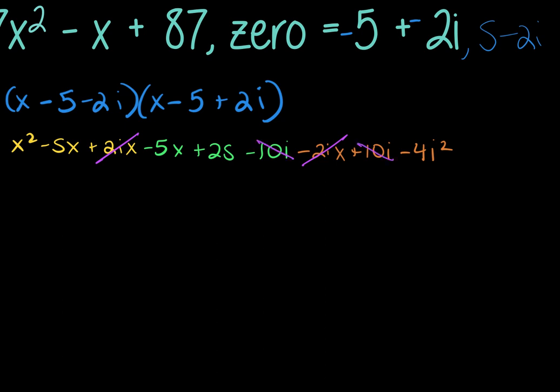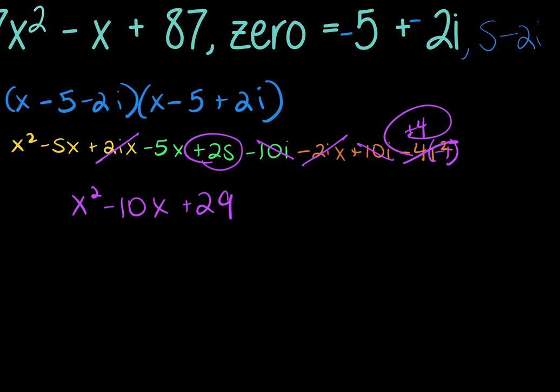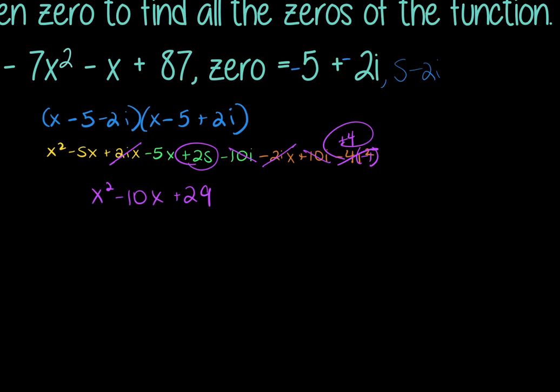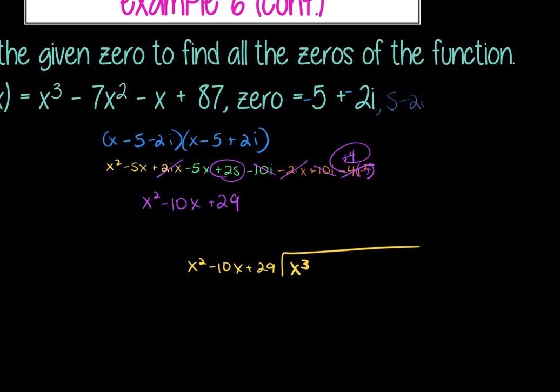Negative 10i, positive 10i go away. i squared becomes negative 1, and this becomes plus 4. And I get x squared minus 10x plus 29. And then I use that as the divisor into x to the third minus 7x squared minus x plus 87.